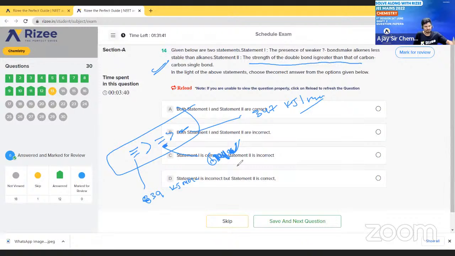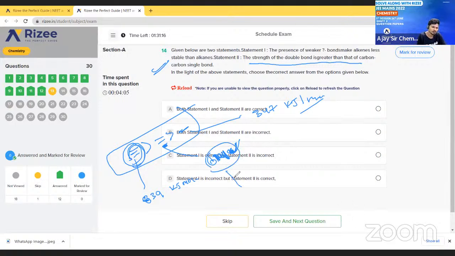Okay, so if you want to break this bond, see here. If a triple bond is there, that means the bonds are very close in alkynes. The bonds are very close, so if you want to break them, we need to give more energy. That means the strength of a double bond is always greater than a single bond.